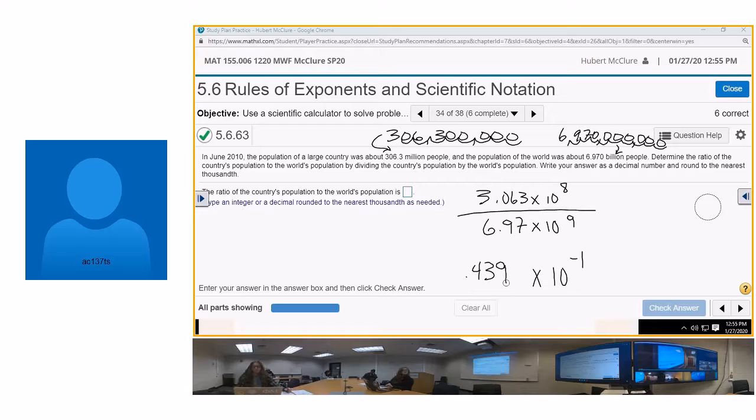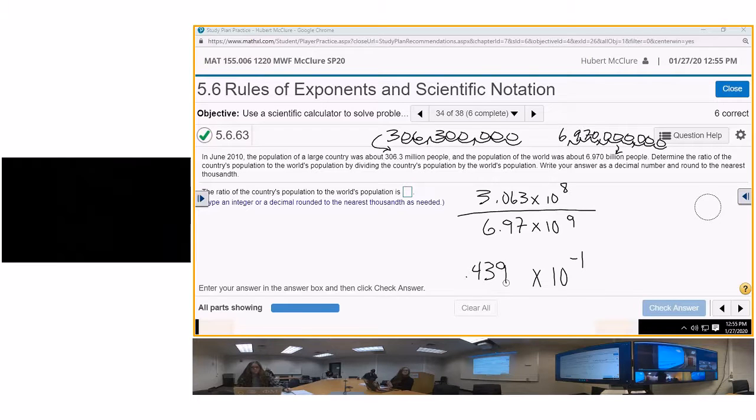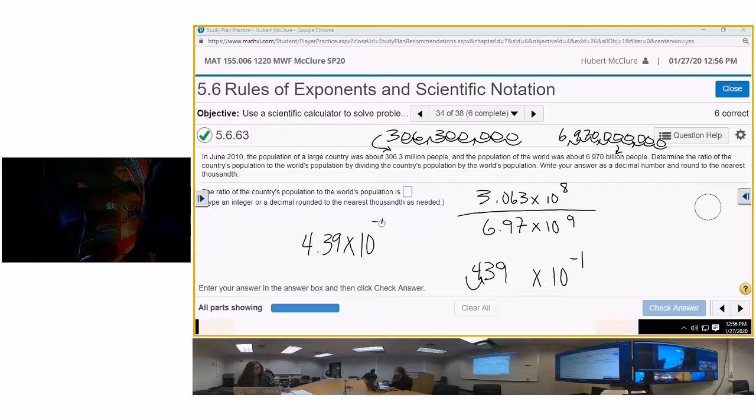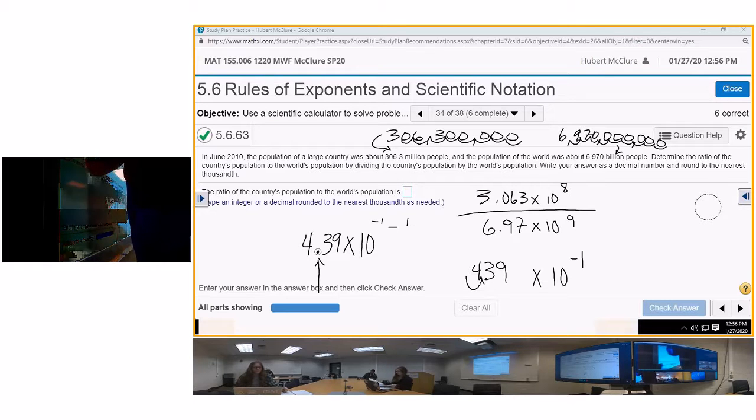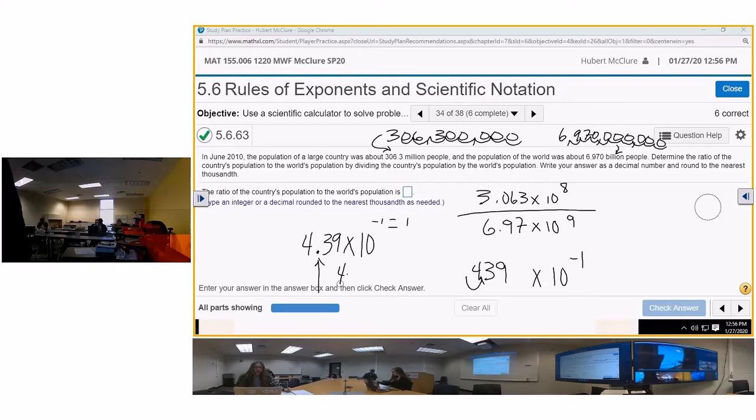Did anybody, Anderson, did y'all get that? Okay, thank y'all. Are we done? No. Got to put this here. So that's 4.39 times 10 to the negative 1. Which way do I move this in my head to get it back to the way it was? To the left. So that's going to be 4.39 times 10 to the negative 2.